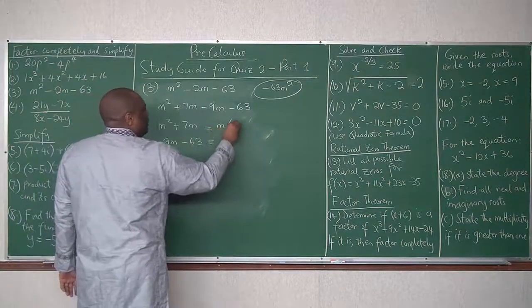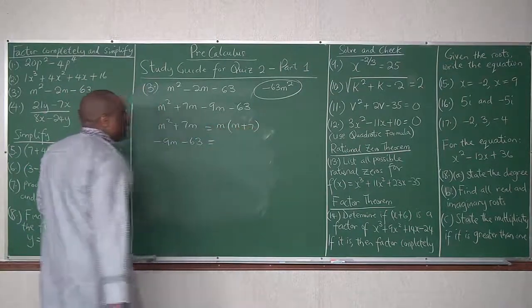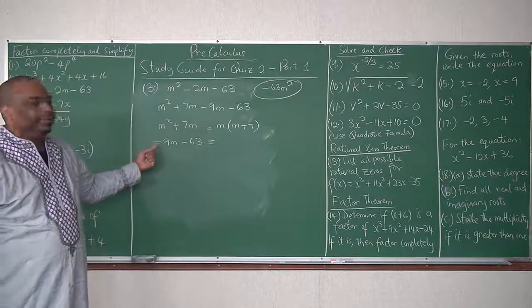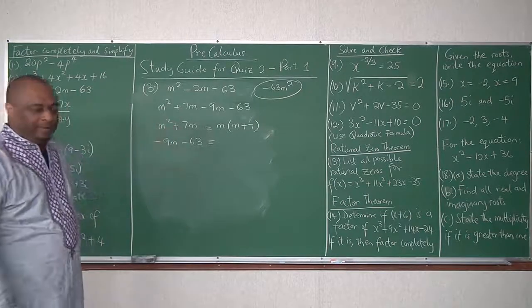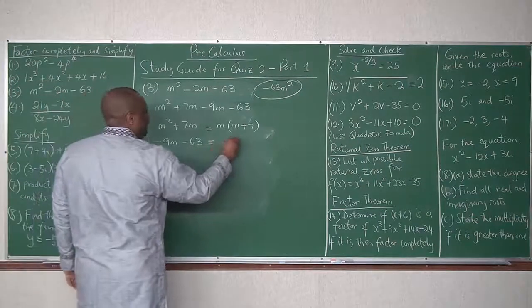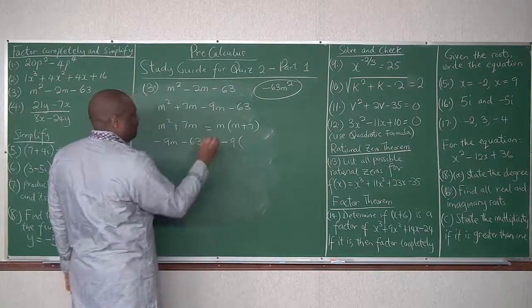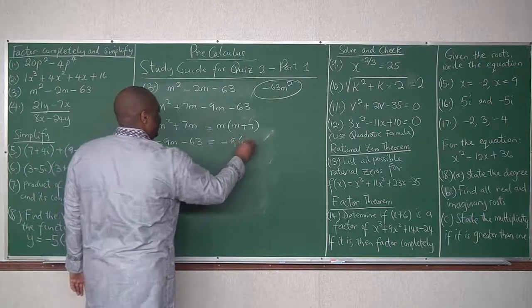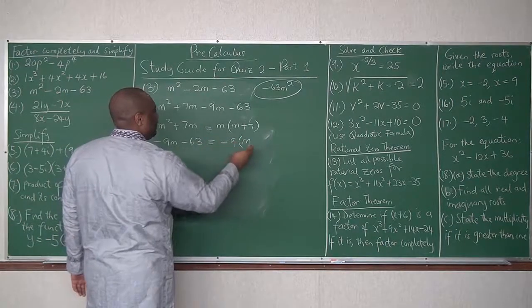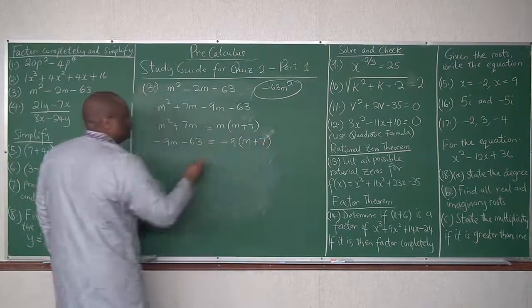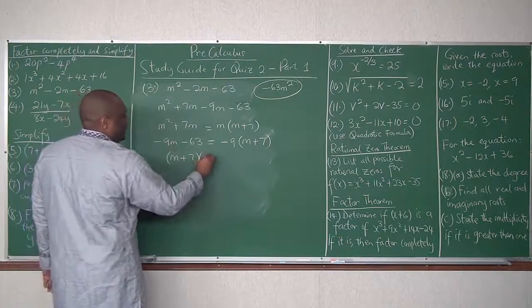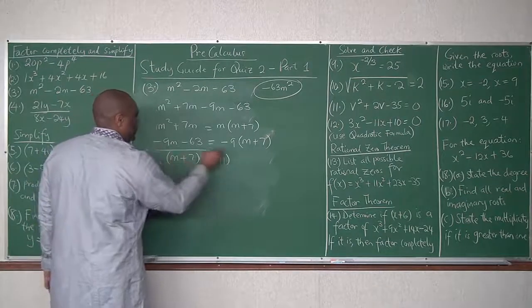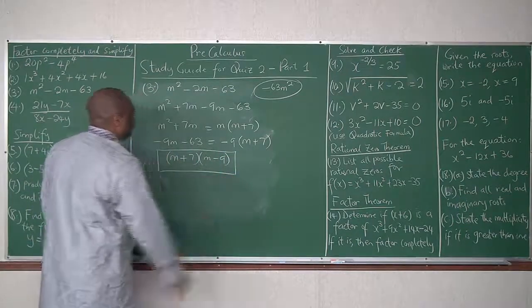This is m plus 7. And when you have a leading negative, you factor the negative out first. So this is negative 9. Negative 9m divided by negative 9 is m. Negative 63 divided by negative 9 is plus 7. So your factors will be m plus 7 times m minus 9.